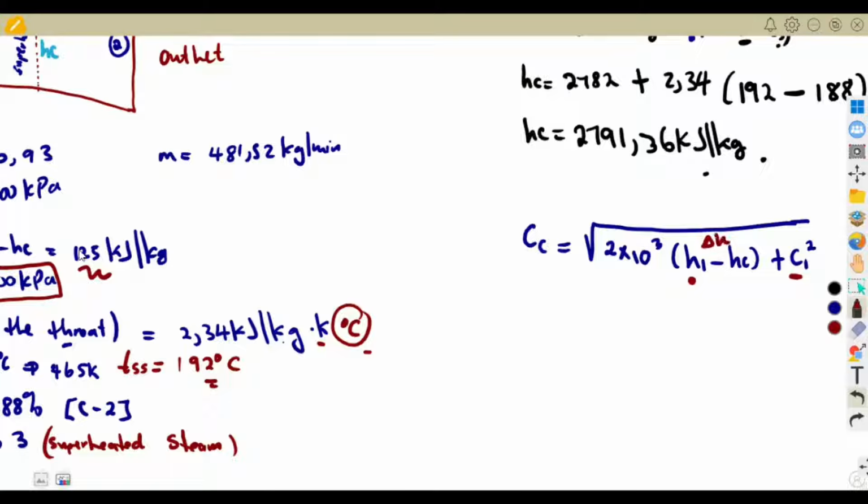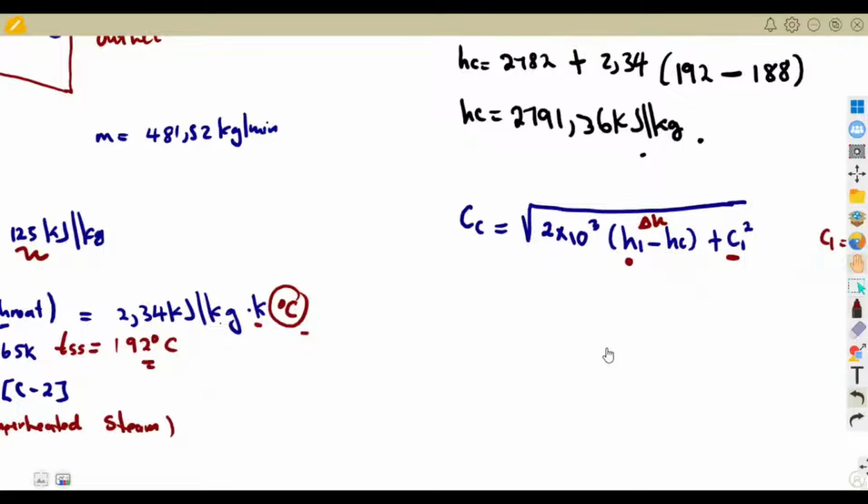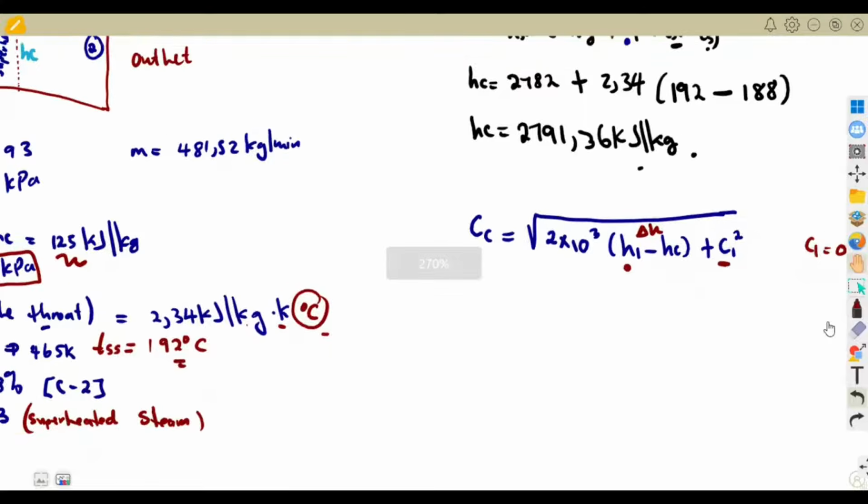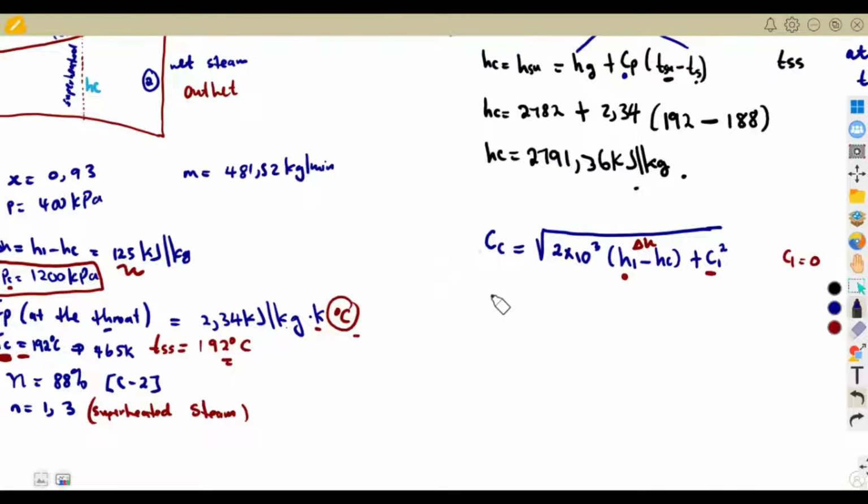This is the difference in enthalpy that we had before, so we are just going to substitute the value that we already have. So here we're going to have our velocity, C, as the square root of 2 times 10 to the exponent of 3 times 125. The 10 to the exponent of 3 is for removing the kilojoules. Like we said, the inlet velocity is 0, so that's 0 squared, meaning there's nothing there.